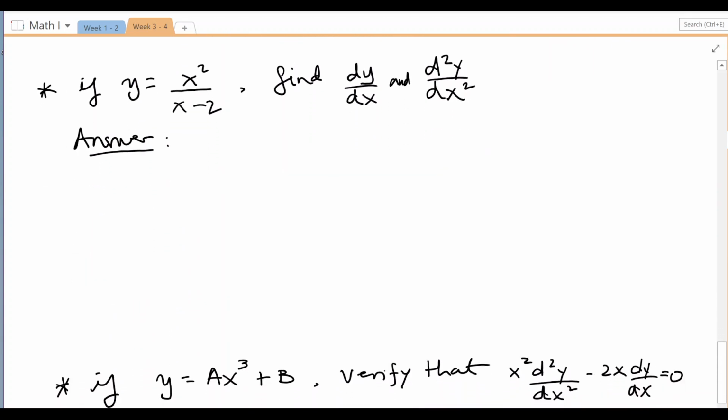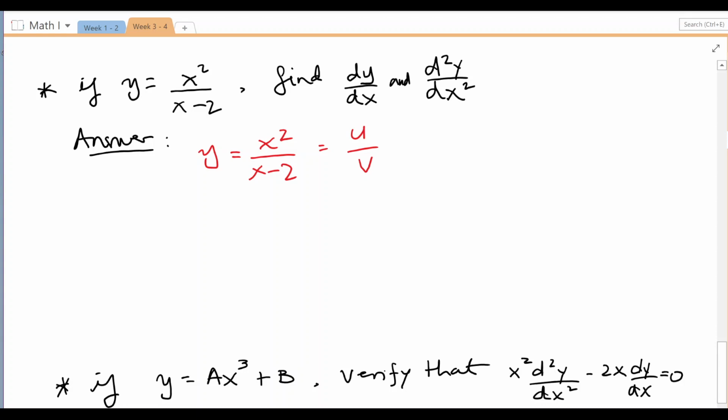Next, if y equals x squared over x minus 2, find the first derivative and the second derivative. So in this problem we can represent x squared and x minus 2 as u over v. All we have to do is just use the quotient rule.